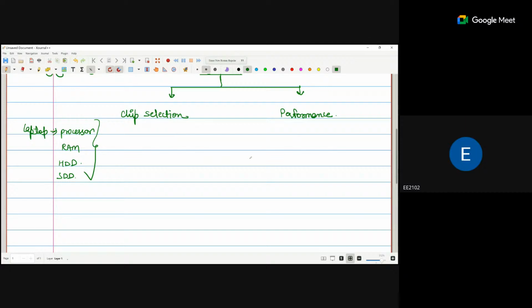After that, if we go into more detail, first of all you observe the processor. For example, I select the i7 processor. Now the second thing is that under i7, I go for the 8th generation, 10th generation, or nowadays 13th and 15th generation are going on.